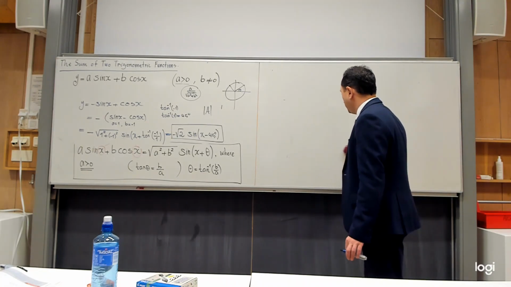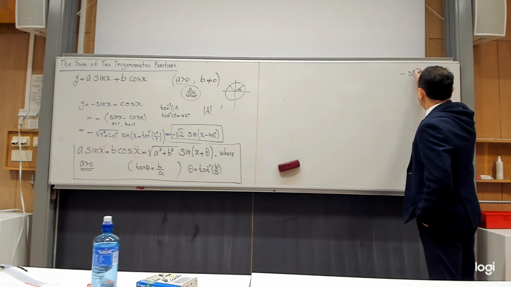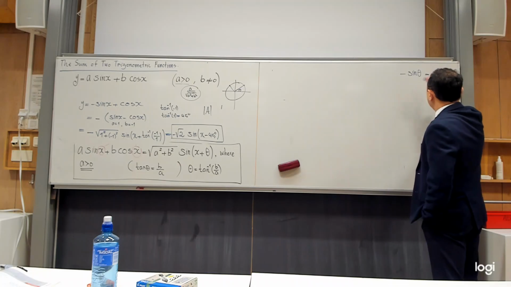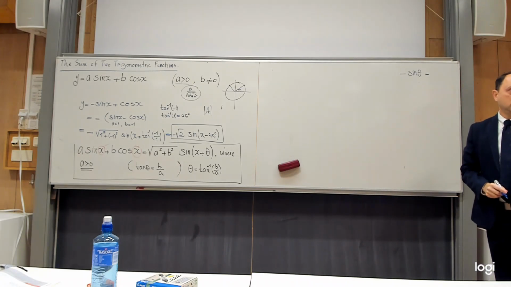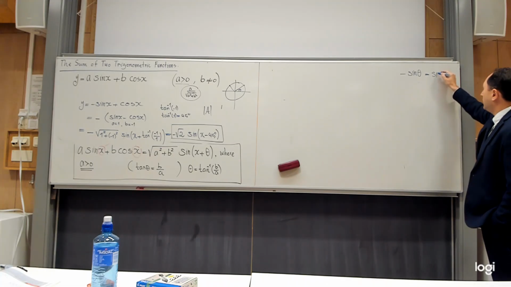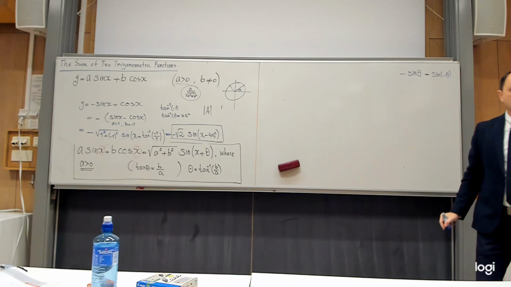This you should be able to answer, yes. If I have minus sine theta and I want not to see negative sign here, what can I do? I can move negative sign inside. I can write sine negative theta, yes? So this is one way to get rid of that minus sign there.